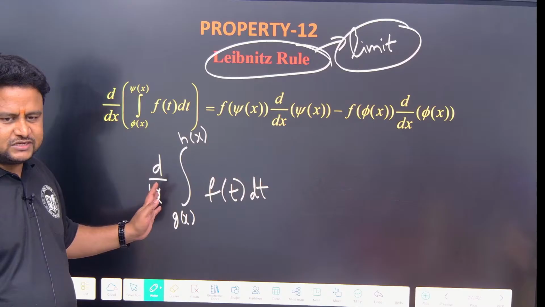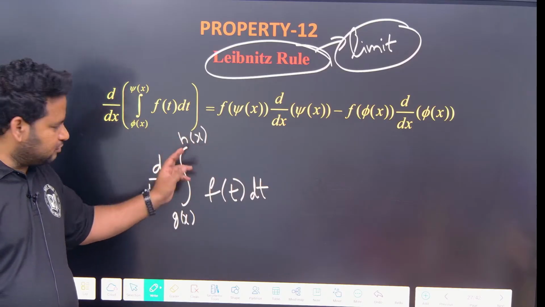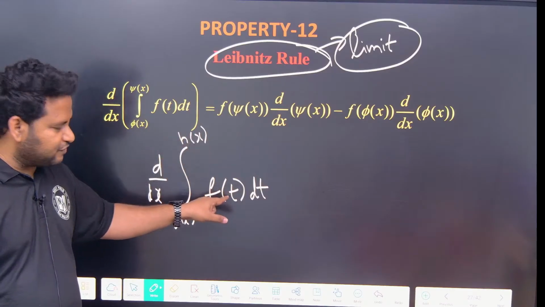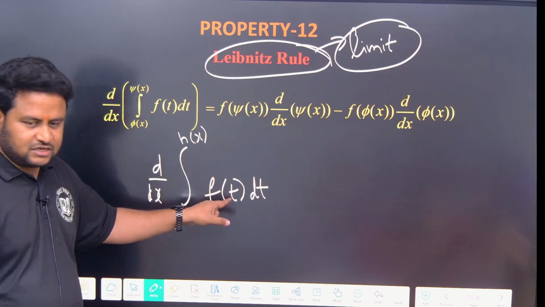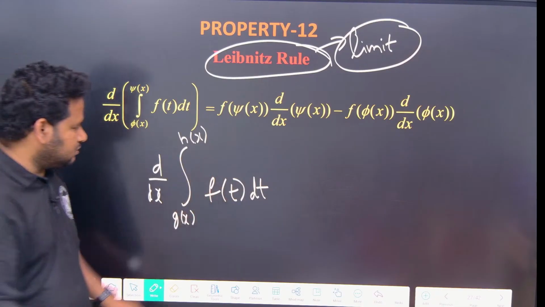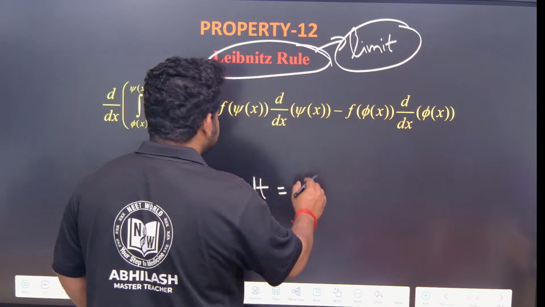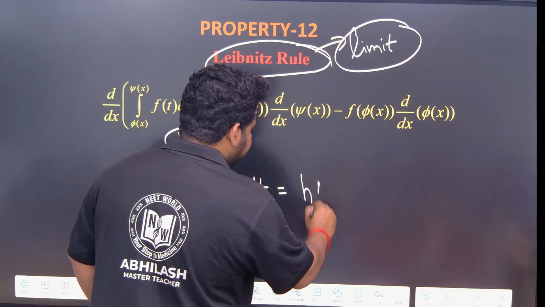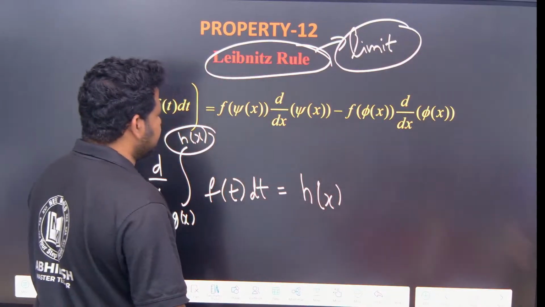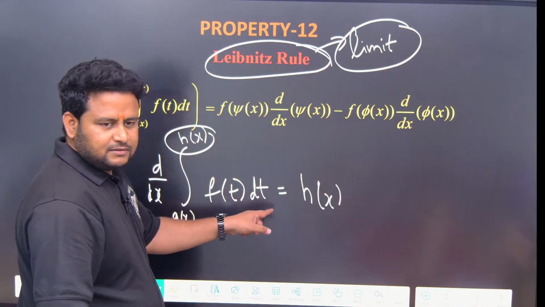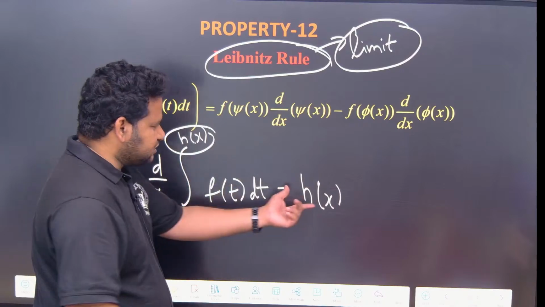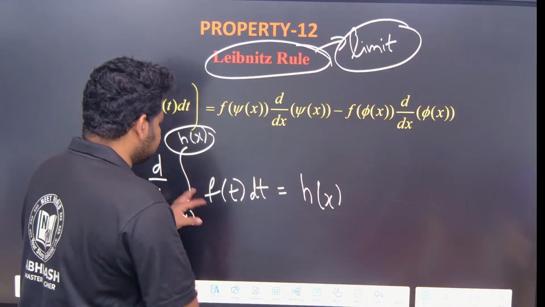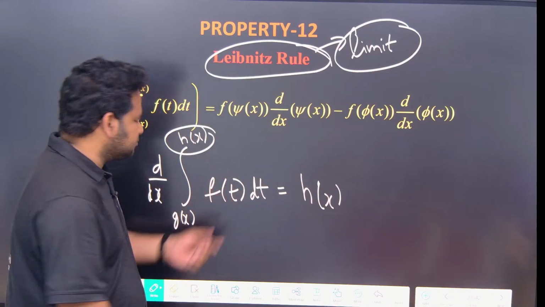First, what you should do is differentiate this. In place of the upper limit, you put h dash of x. In place of f of t dt, put the value of x in f.